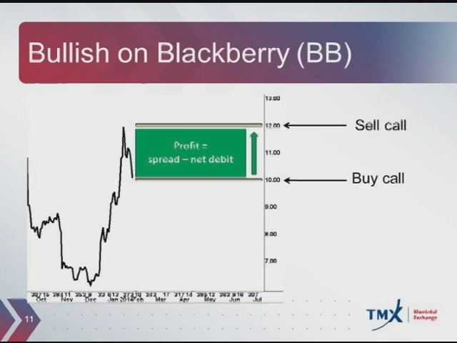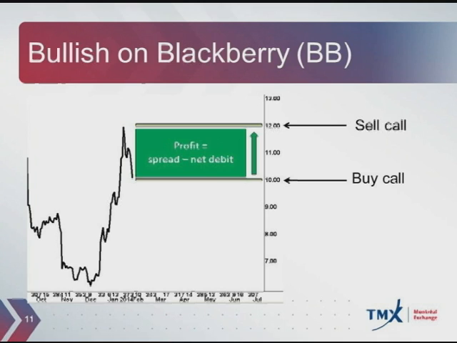For example, it may cost close to $1 for a $2 spread. If I went to a $4 spread, it's likely going to cost me close to $2. If I went to a $10 spread, it's likely going to cost me close to $5. So at the end of the day, from a percentage rate of return standpoint, you're not any further ahead.